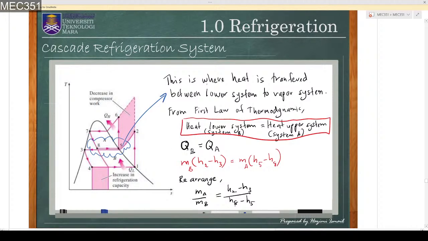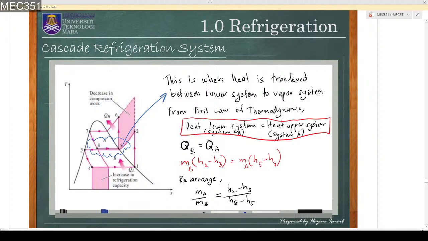Okay, but in real life, sure, heat loss will occur between B and A. So for our syllabus, we assume it is 100% heat transfer between B to A. And from Q, we know the heat from 2 to 3 can be obtained using this formula: mass flow rate of B times the enthalpy change between state 2 and state 3.